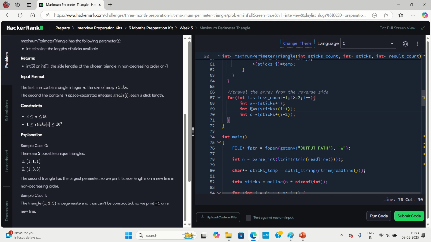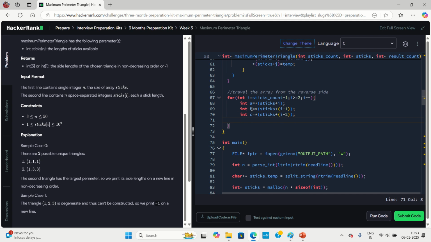Fine. So when is it going to form a valid triangle? Checking if it forms a valid triangle. When will it be a valid triangle, guys?